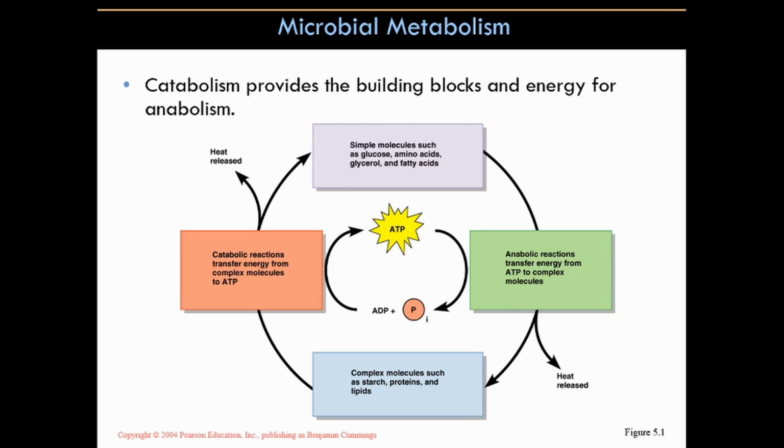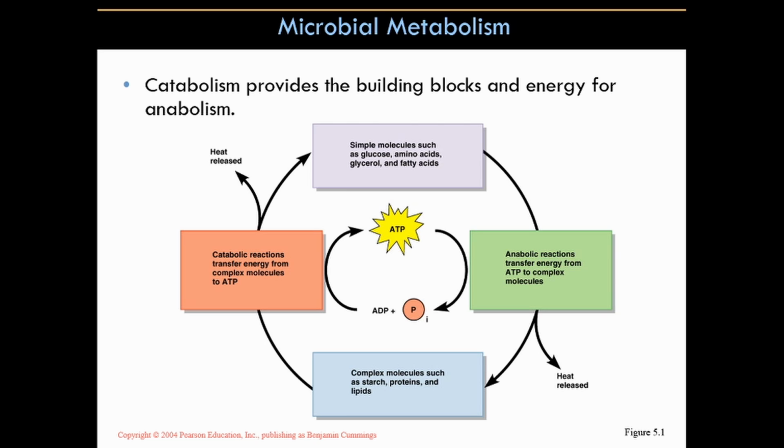We start with those and we go in a clockwise direction. Anabolic reactions transfer energy from ATP to complex molecules. So the energy is given up by ATP into these simple molecules, and then the simple molecules join together, heat gets released, and so complex molecules are built up, such as starches and proteins and lipids.